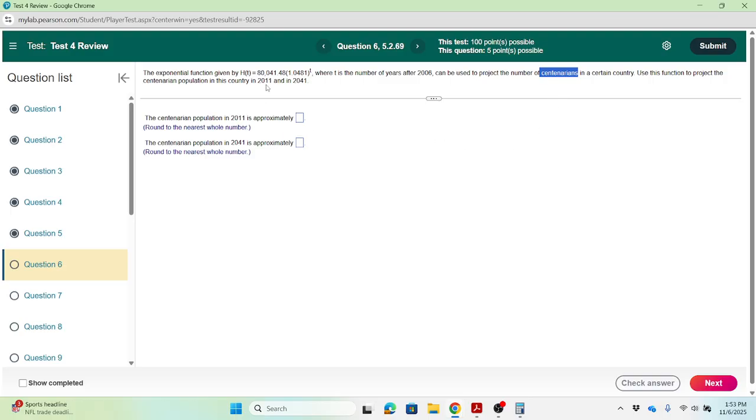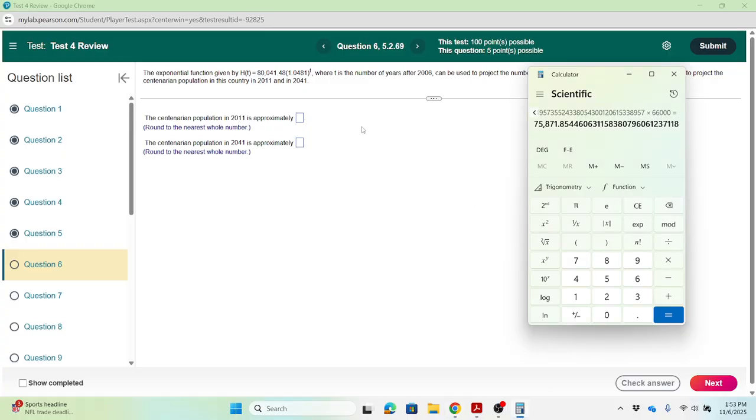So this is the function. Just replace t by the number of years from 2006 to 2011, which is 5. So copy that: 1.048 to the power 5, because 2011 is 5 years after 2006, times 80,041.48.